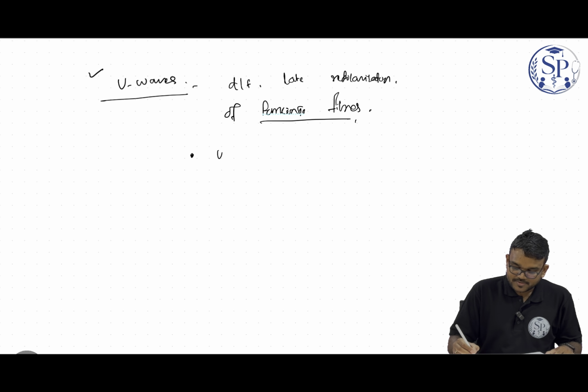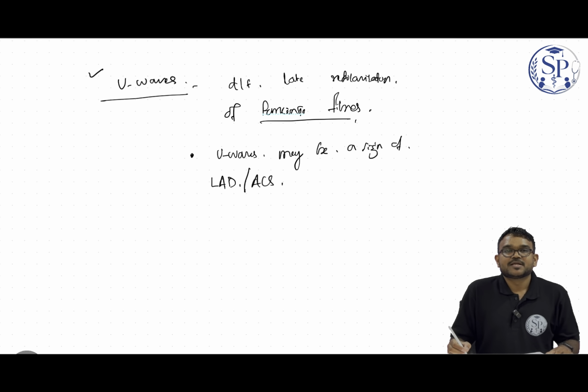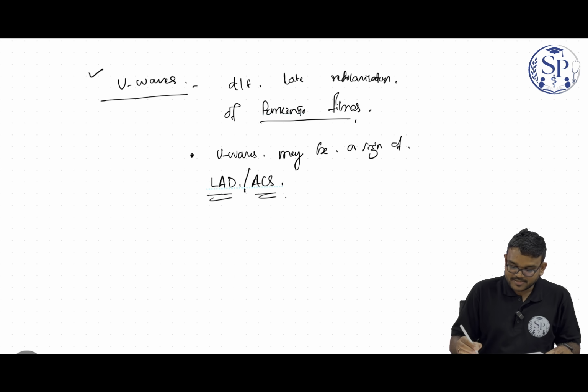The U waves may be a sign of left anterior descending artery involvement or acute coronary syndrome. Okay, so this is all about U waves.